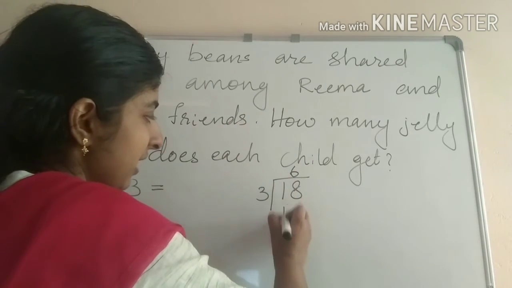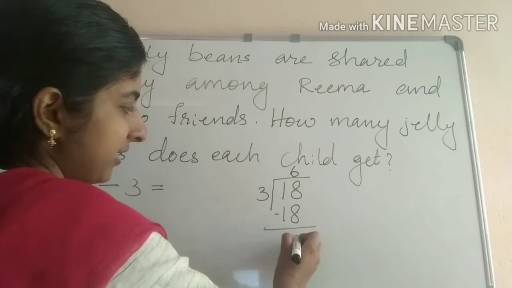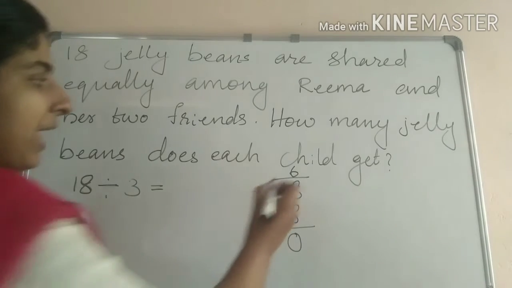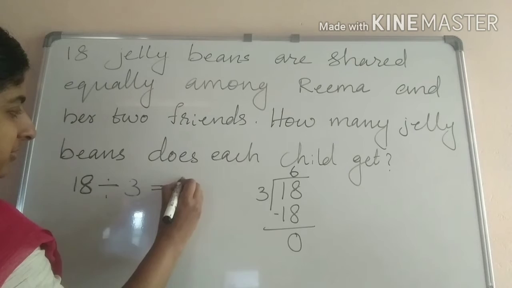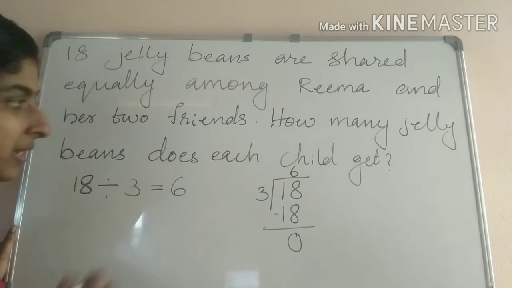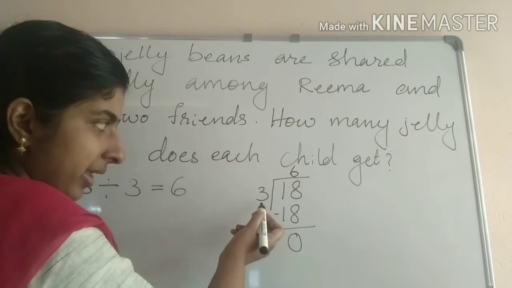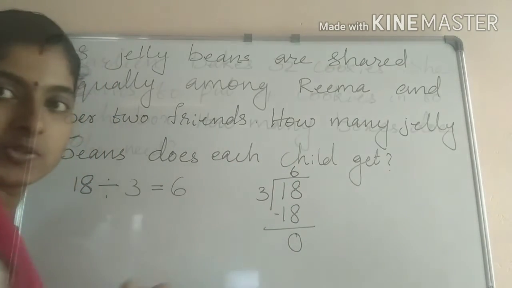Then 18 minus 18, 0. So the answer, that is the quotient, is 6. Here the dividend is 18, the divisor is 3, the quotient is 6, and the remainder is 0.